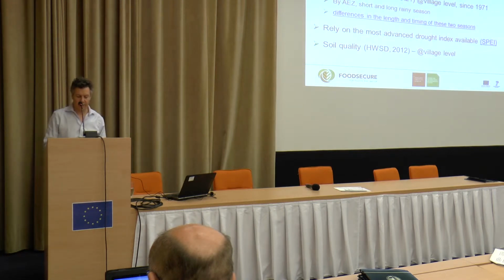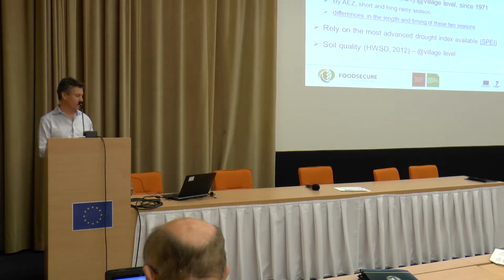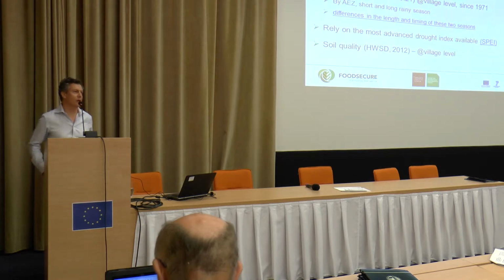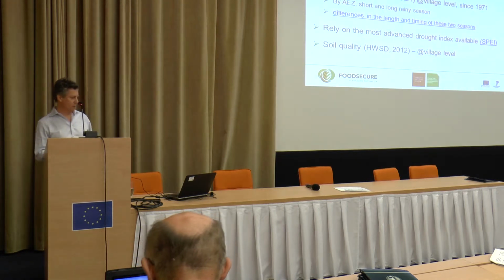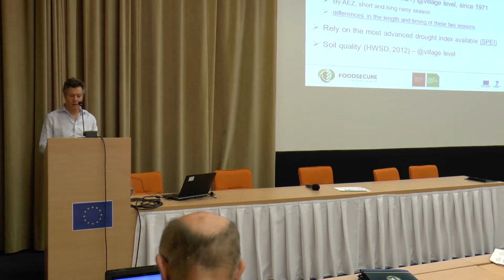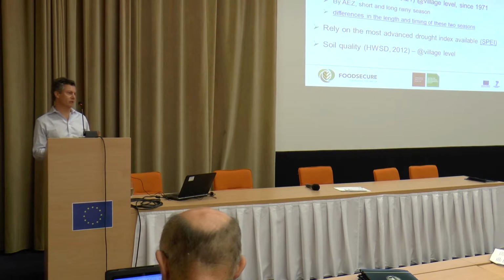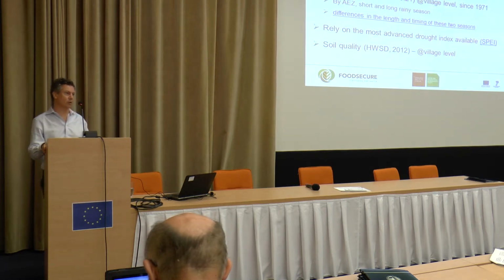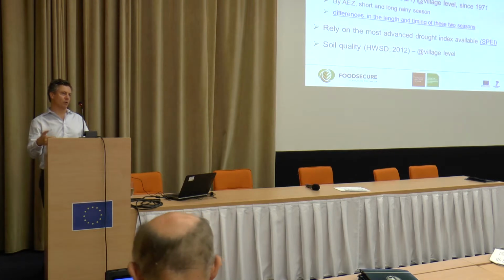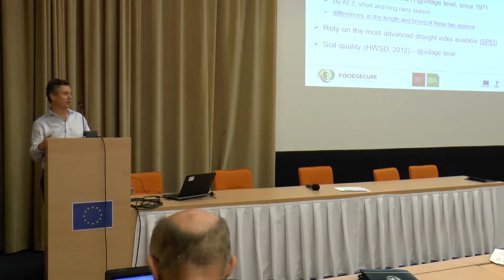Perhaps even more interesting from the data point of view is the use of a newer, more advanced drought index, the SPEI, which, in contrast to even multi-scalar drought indices that were based primarily on precipitation and temperature patterns in the past, also includes potential evapotranspiration, which is the E. That adds quite some additional information to this variable, because it accounts for how much of the moisture or precipitation that falls is actually left for crop production.